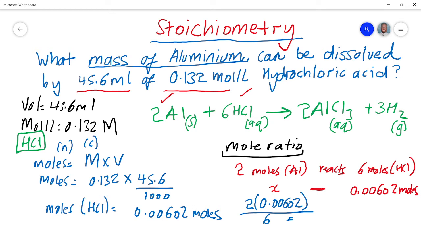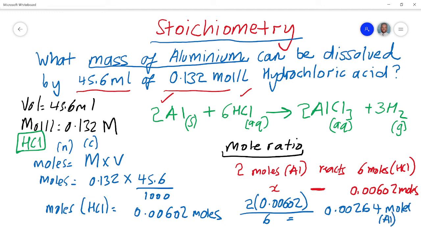What you get here is 0.00264 moles of aluminium.